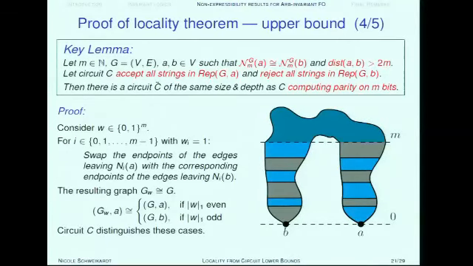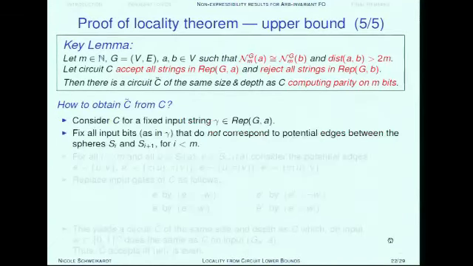Okay, now how can we modify our circuit so that when it reads the bit string W, it does the same thing as the original circuit does when it reads a representation of GW and A? How can we do that? So we just look into the circuit.